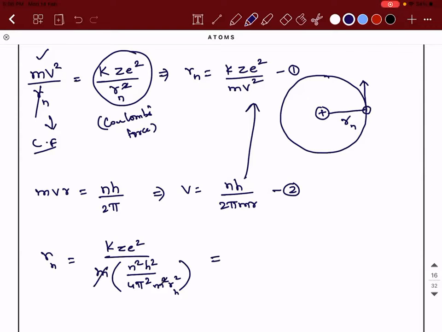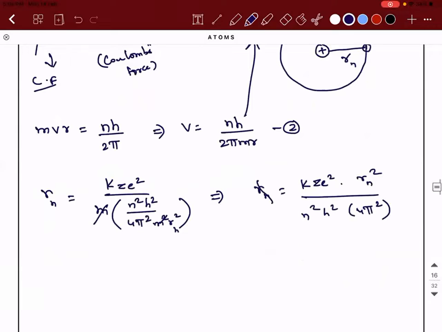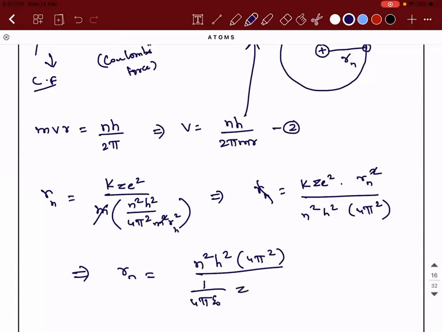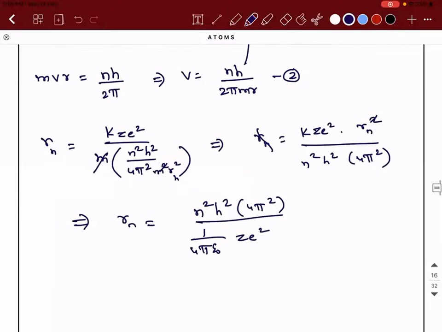So m and m will get cancelled, and Rn is equal to kze square into Rn square divided by n square h square into 4 pi square. So Rn and Rn will get cancelled, which implies Rn will be equal to n square h square into 4 pi square divided by k, where k is 1 divided by 4 pi epsilon naught, and you already have ze square.